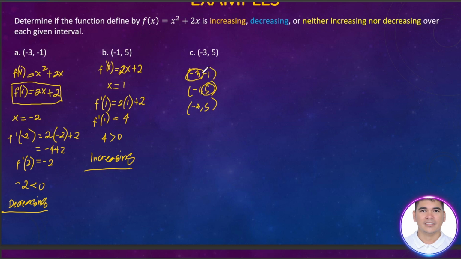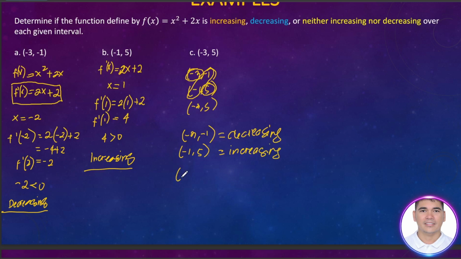And the common here is negative 1. Okay? So, that is the union. So, this open interval is the result of the union of those. But the problem here is, open interval negative 3 and negative 1 is decreasing based on our result, right? And then negative 1 and 5, that is increasing.